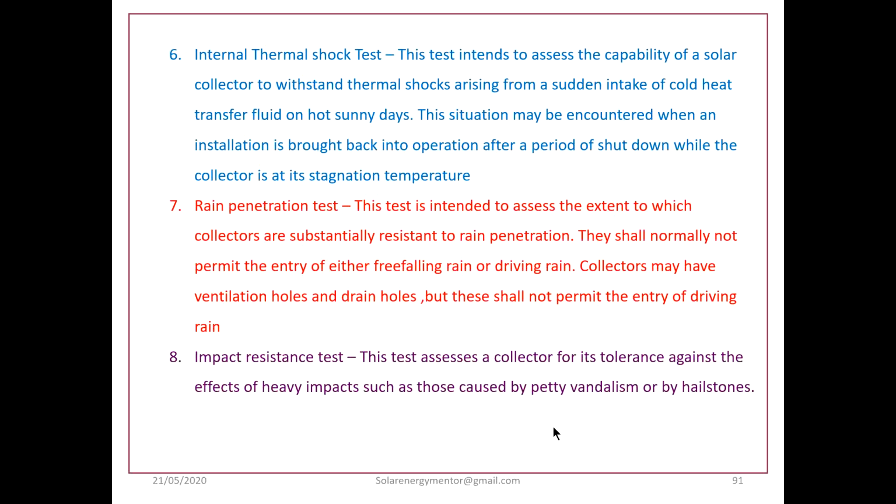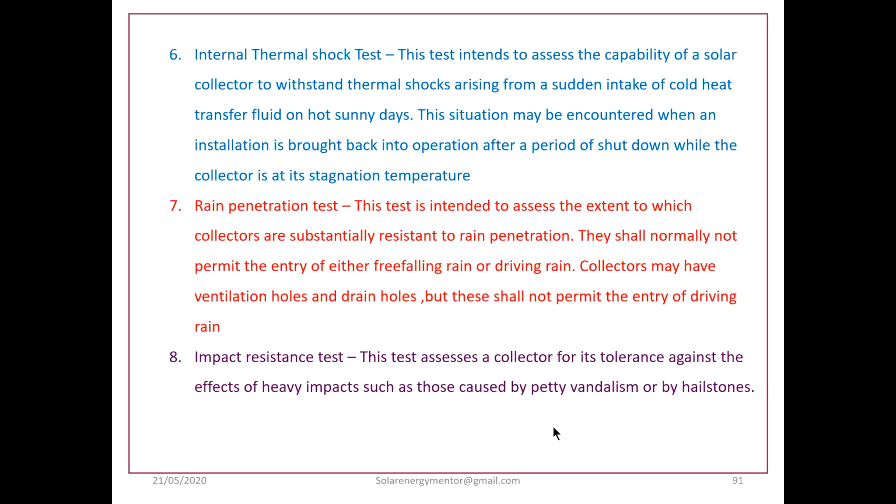Then the impact resistance test. This test assesses what happens if somebody mischievously drops a stone on the collector. Does the glass break? Does the collector get bent or dented? This test assesses a collector for its tolerance against the effects of heavy impacts of objects, such as those caused by petty vandalism, mischievousness, or by hailstones.